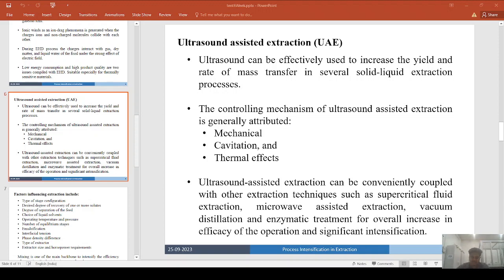Another example is the extraction of carotenoids from citrus peel using an ultrasonic probe system operating at 21 to 25 kilohertz. The extraction yield increased almost 3 times that of the conventional extraction for particle sizes greater than 0.28 mm.